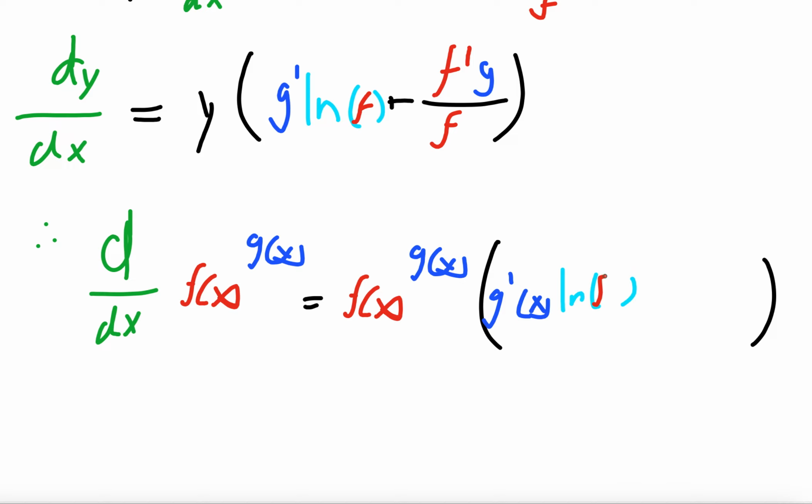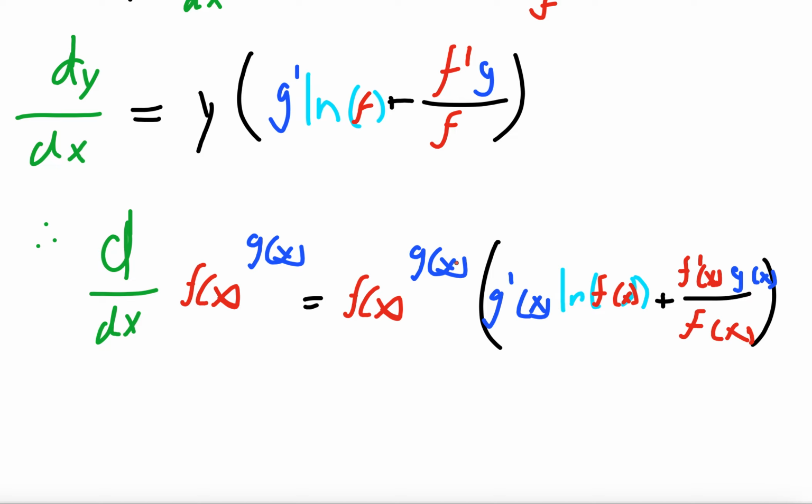So you have f of x, all right, and my brackets are kind of getting out of hand, but it's okay, plus over here, we have f prime of x times g of x, not a composition here, just mind you, g of x over here, and we divide that by f of x altogether.